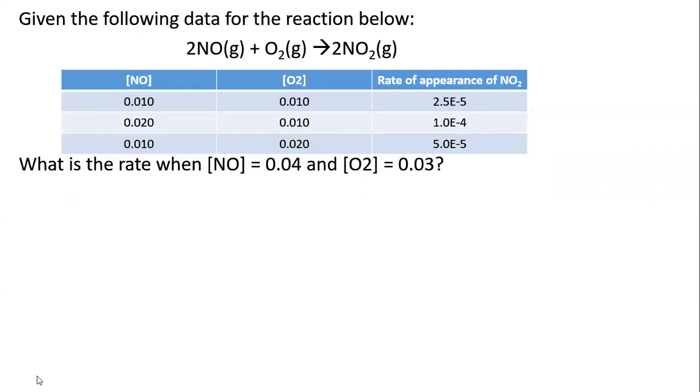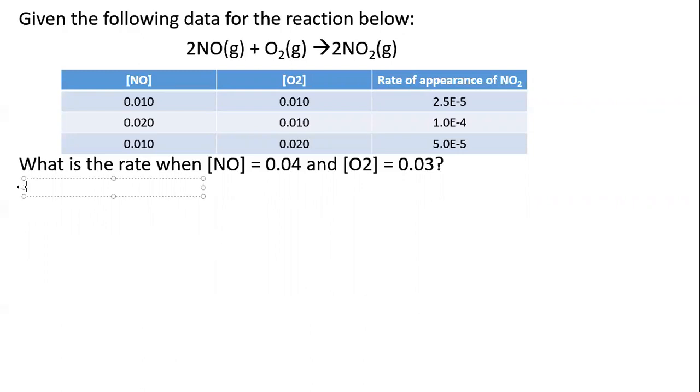So again, what we have to do here is now, since we have a 2 reactants system, we have to determine the orders of reaction for both reactants. And since we're looking for the rate when given concentrations, we have to determine the rate law first.